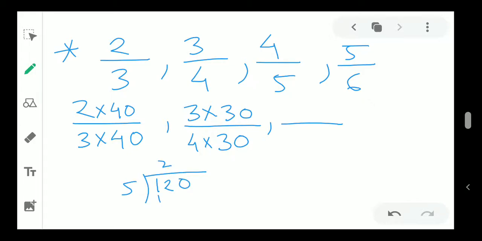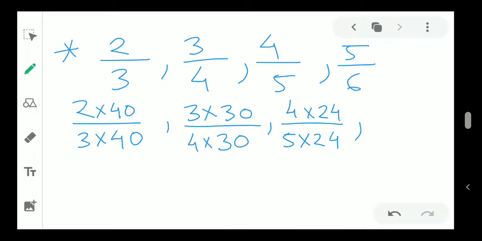Okay, so 5 24s are 120. So you do 5 into 24 and 4 into 24. Then 6 20s are 120. So 5 into 20. So you can see here the same number I have multiplied up and down, and that is important.